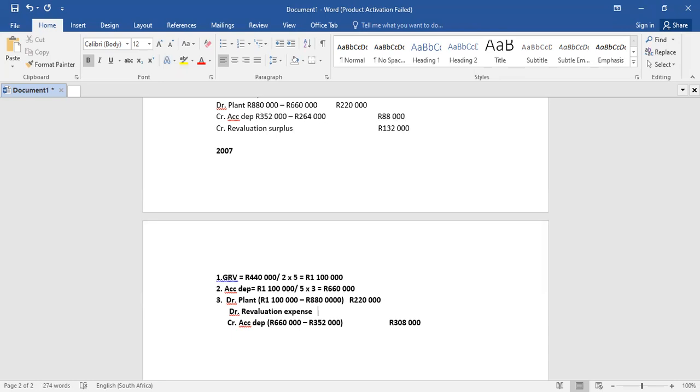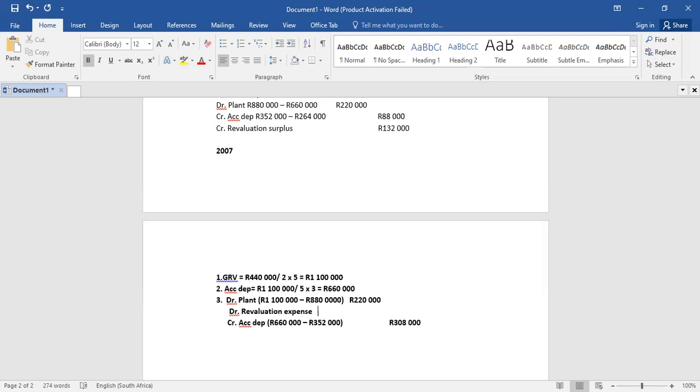Uyibale kanjani? It's 308 minus 220. Is it 220 or 210 laphaya? 220. Ibalwa kanjani? Yenzeka uma kunjani i-revaluation expense? I think ilokho kumele sibuze khona. Yenzeka if i-carrying amount inkulu kunani?